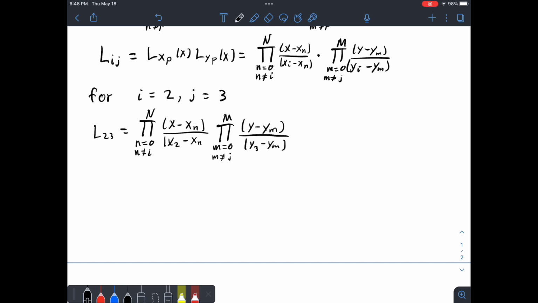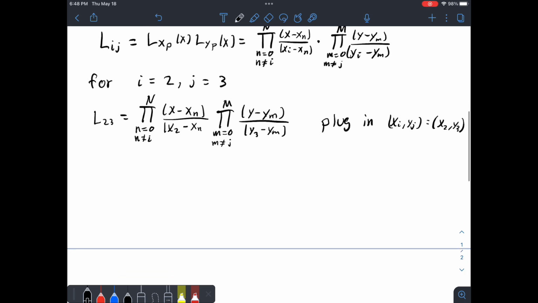So now we're going to plug in xi, yj equal to x2, y3. So let's do that. L23 at x2, y3 will equal, I'm being careful with the notation here, x2 minus xn over x2 minus xn.